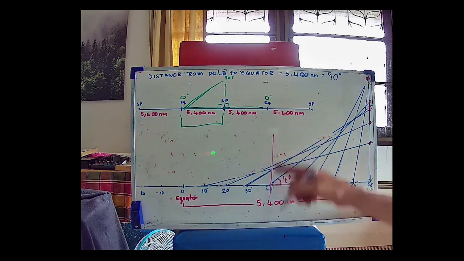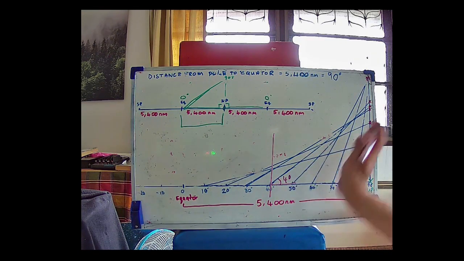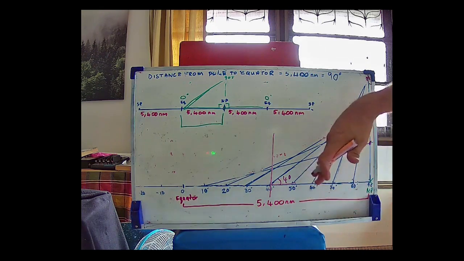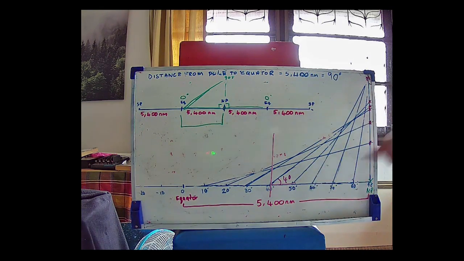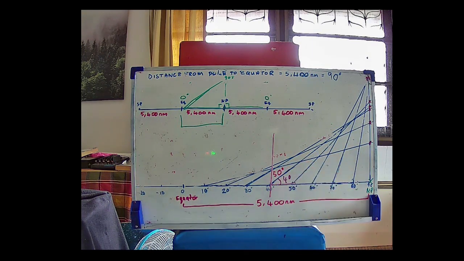You create a 90-degree angle, perpendicular to your flat plane horizon. 40 degrees is the angle of altitude that we see from the horizon up to Polaris. What's left over to get to 90? 50, 60, 70, 80, 90. We've got another 50 degrees left over here.